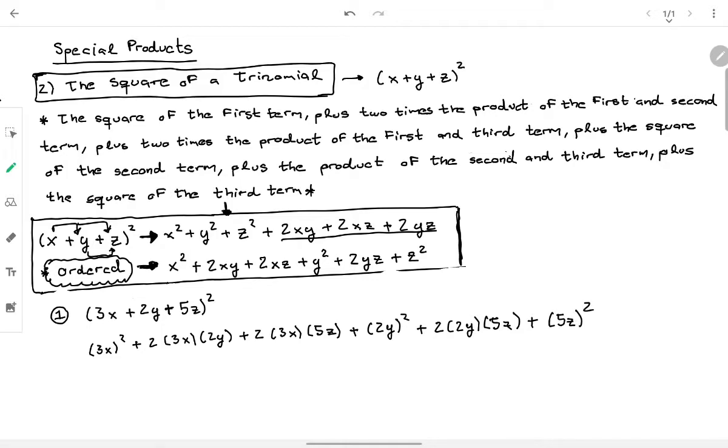So here it will be 9x squared plus 2 times 3, it's 6, times 2, it's 12xy, plus 2 times 3, it's 6, times 5, it's 30xz.